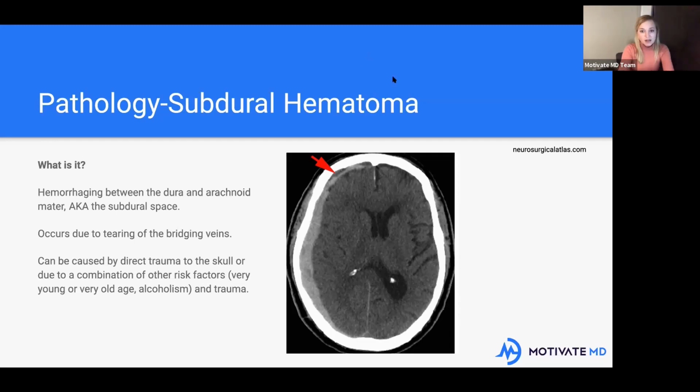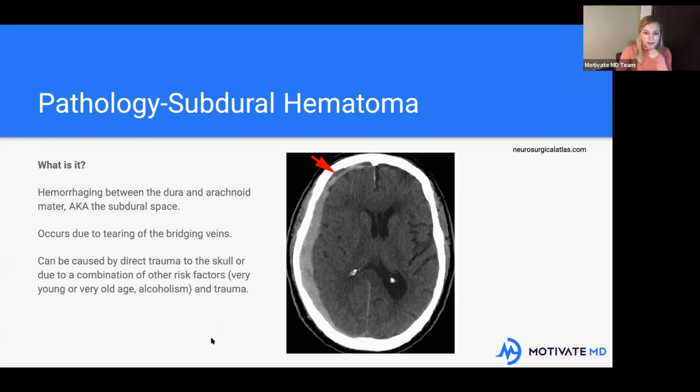It's slower than an arterial bleed, which is more pulsatile, versus a slower leak. And it depends on how many of the bridging veins are affected and things like that. But yes, you can have a slower bleed. And so on a scan, what that would look like is the blood would be much darker. It wouldn't be that bright white if it was what would be called a chronic subdural hemorrhage or hematoma.